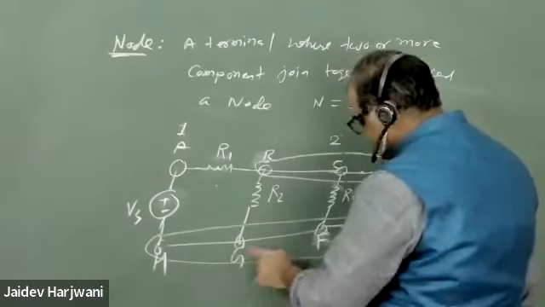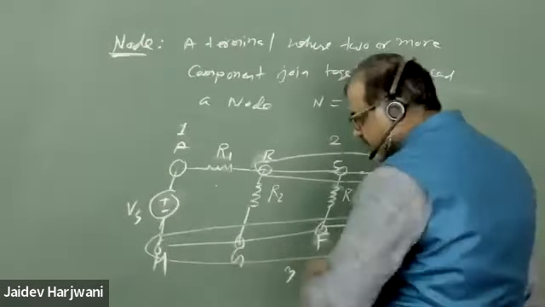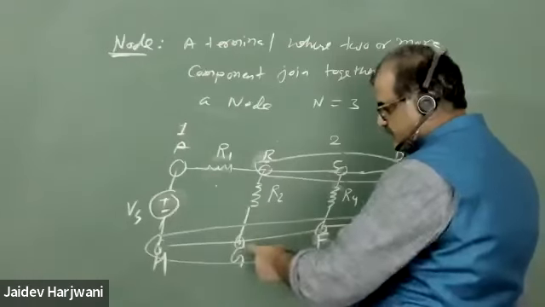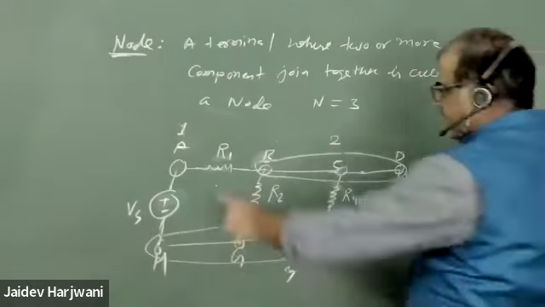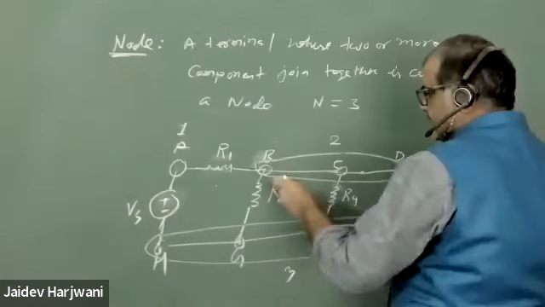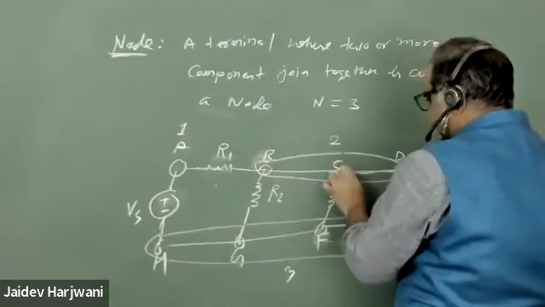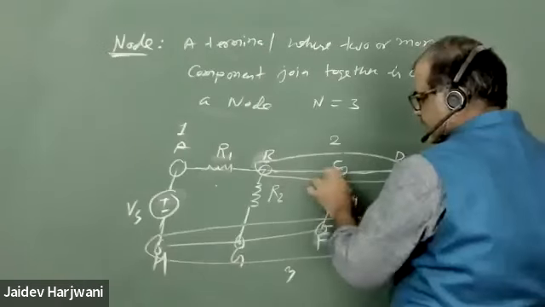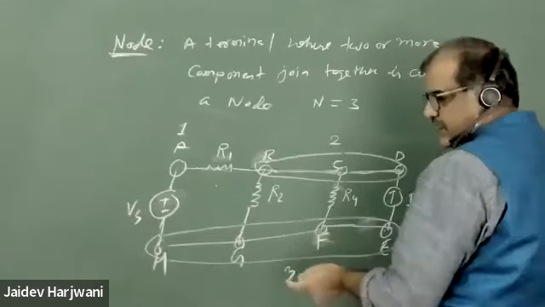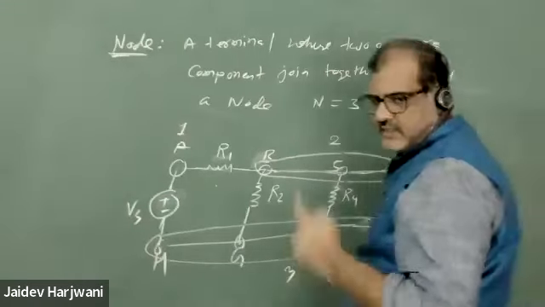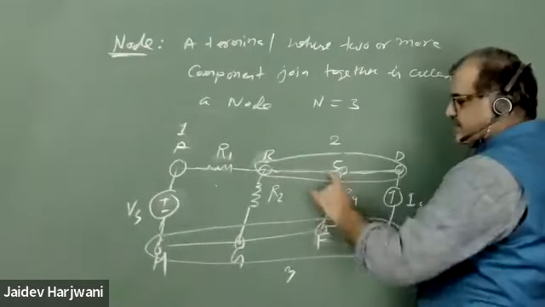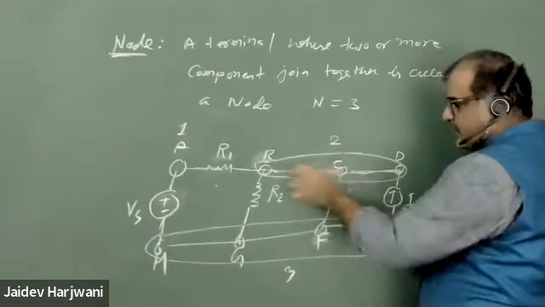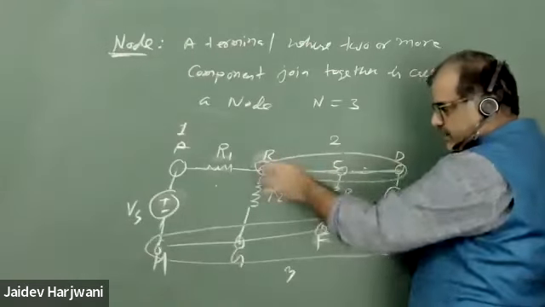This H, G, F, E, they are a common node. This A, B, C, D, they all are connected by simple wires. They are all shorted. Shorted means what? Two points shorted means they are one point. These two points are shorted by a zero resistance wire, so they are not different nodes.